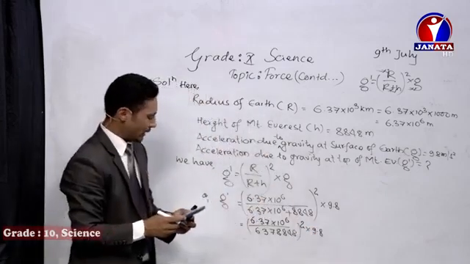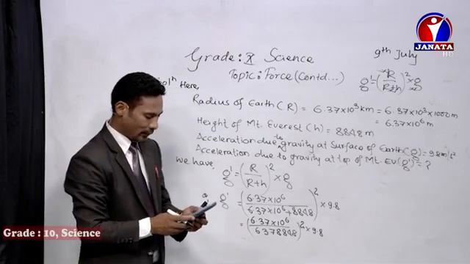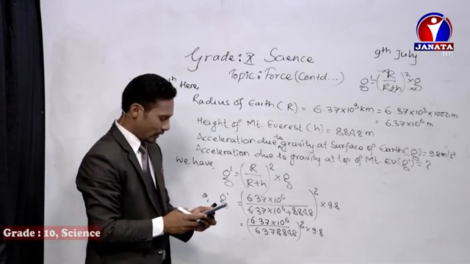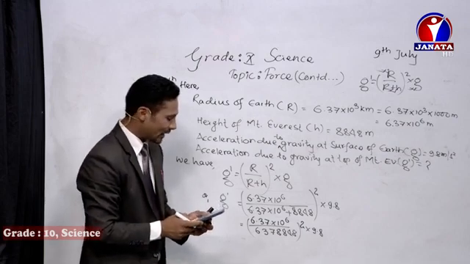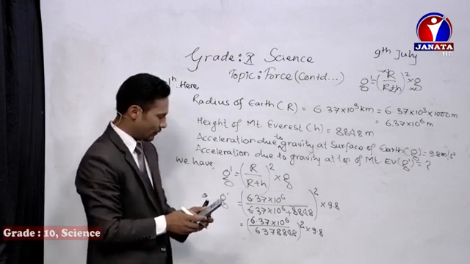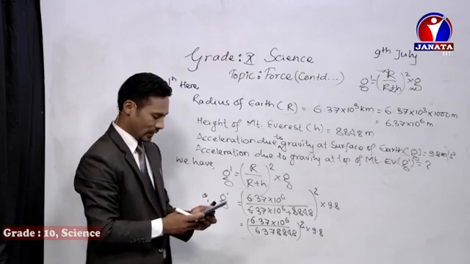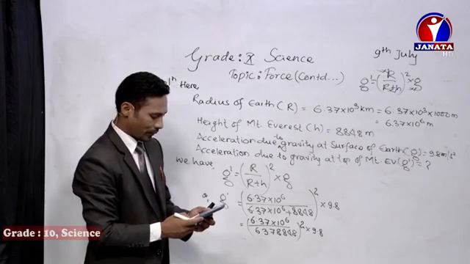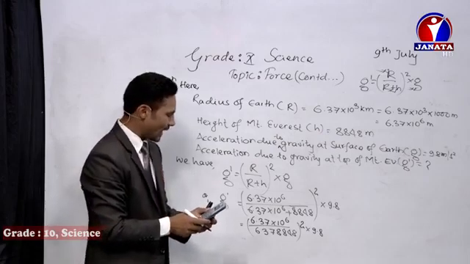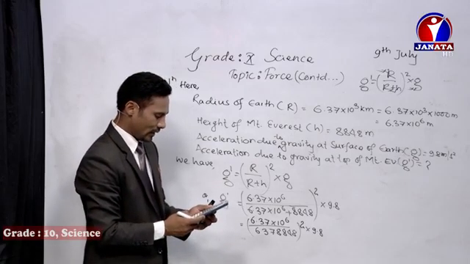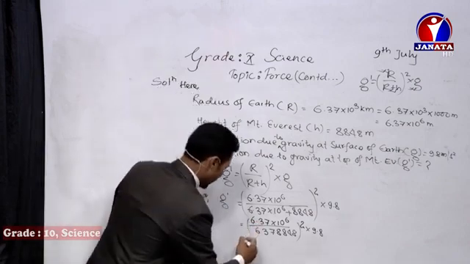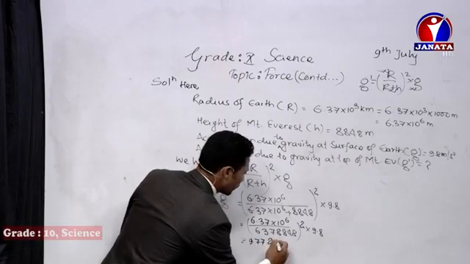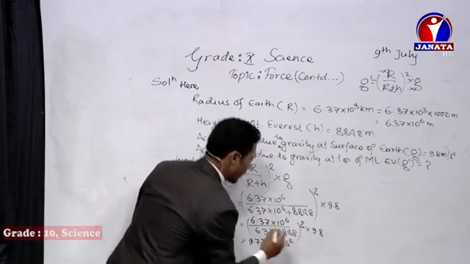Let me solve this directly: 6.37 into 10 to the power 6 divided by 6378848, then square this and multiply by 9.8. It gives the value of 9.772 meter per second square.